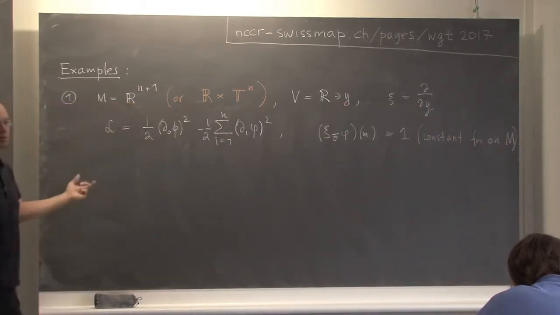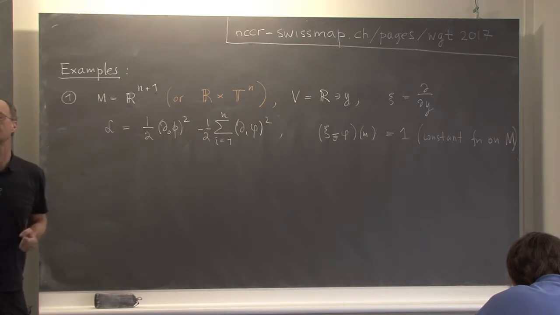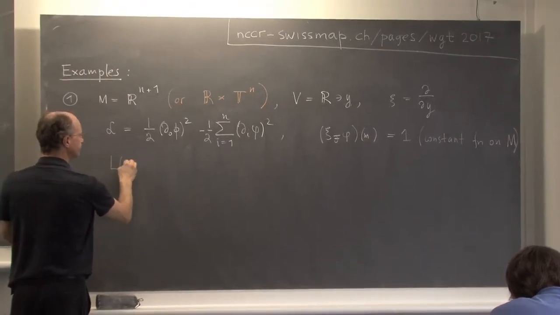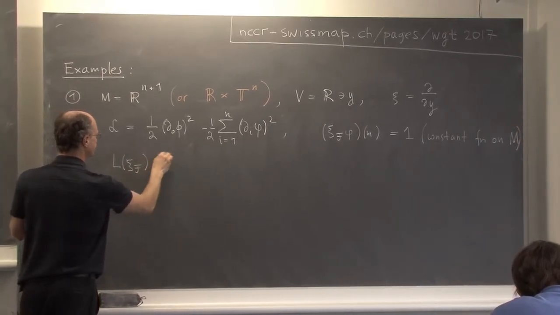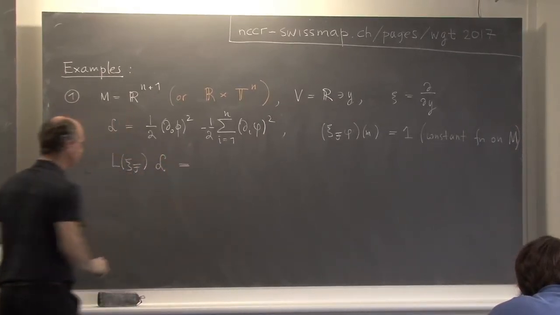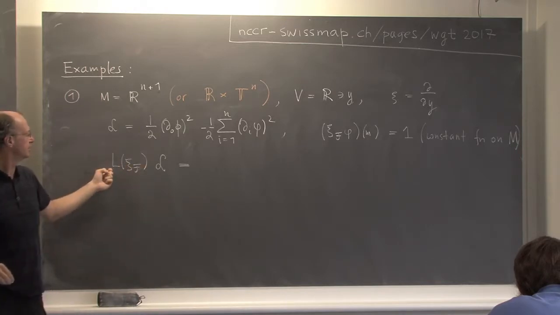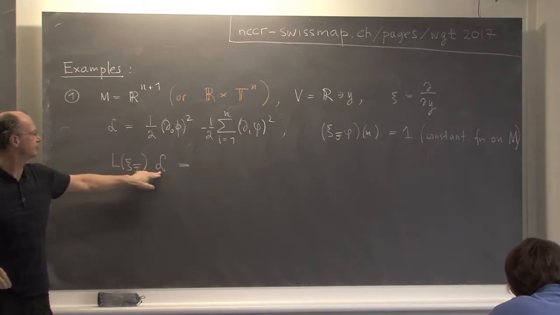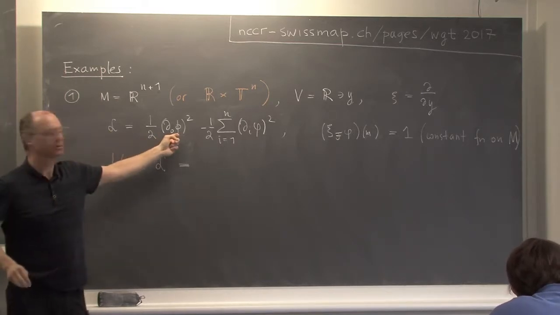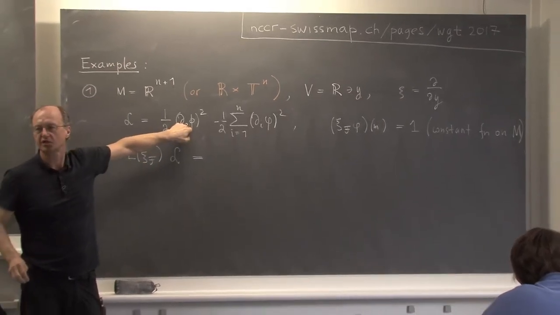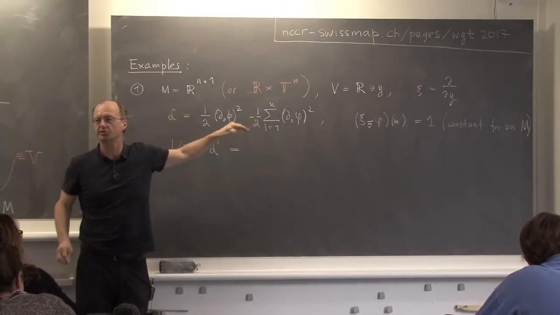Right. So now the question is, is it a symmetry? Well, let's apply this derivative, or this vector field, to L. Well, what I should do, I differentiate every phi, and phi becomes 1 when I differentiate.